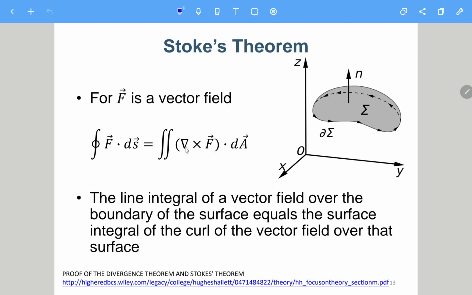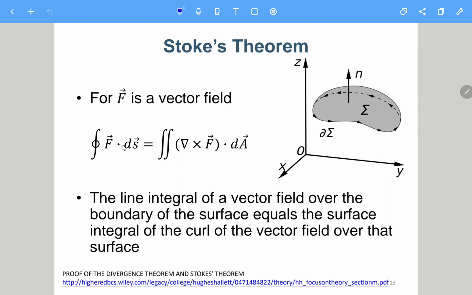On the right side, we have the curl of F, and then a double integral. So in that case, we have this Ampere's loop with the arrow here, and this gray surface is bounded by this Ampere's loop.